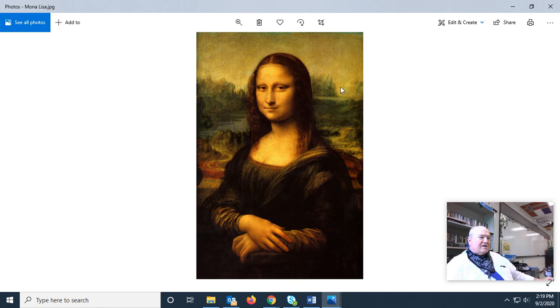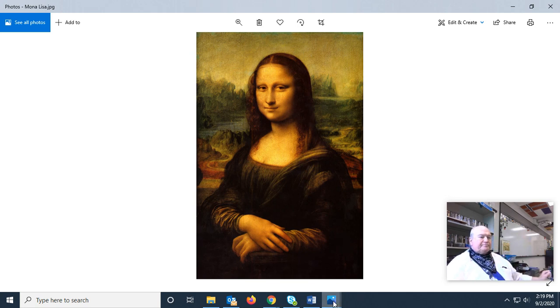And look at the haze, the fog of the sky. It creates the illusion of three-dimensionality, of a third dimension, of depth behind the Mona Lisa. Yeah, that is atmospheric perspective. That quality is called atmospheric perspective.